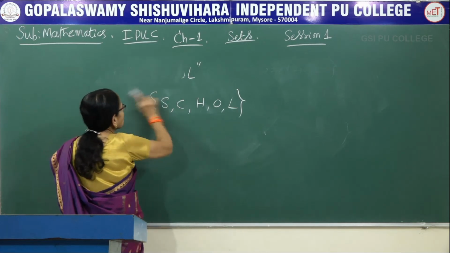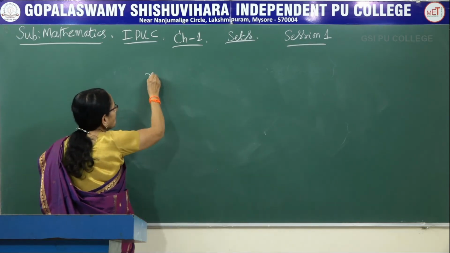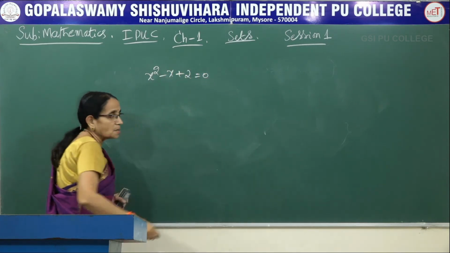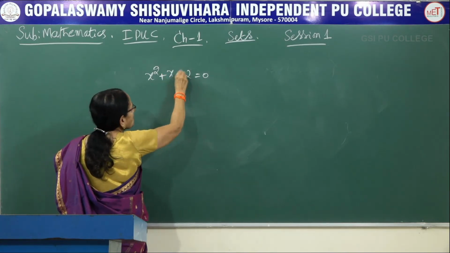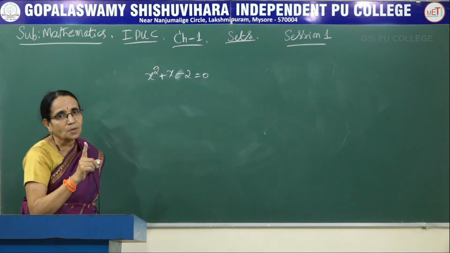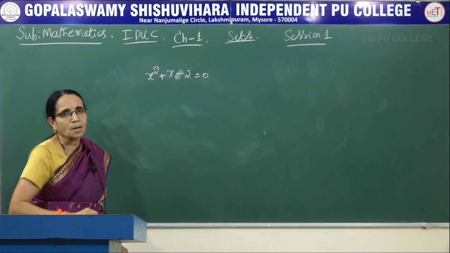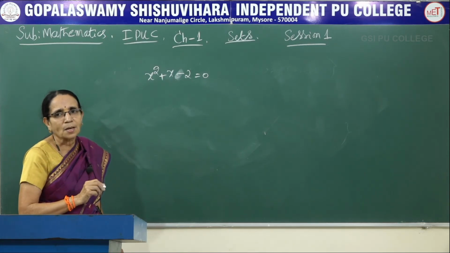Now, another example. Write the set containing the solutions of the equation. Clearly you see that it is a quadratic equation. Quadratic equation means how many values of x we can calculate?